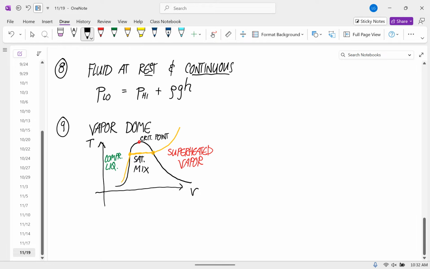Are there any processes where getting something to the critical point is necessarily reusable? Yes, that's a really good question. There are power plants, and we're going to talk about power cycles, where you get more efficiency out of your power cycle from having higher pressures and higher temperatures at the boiler.